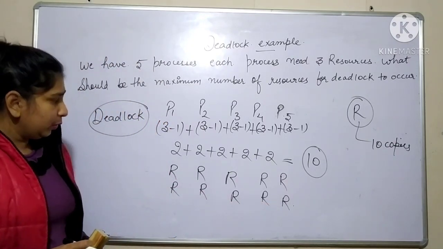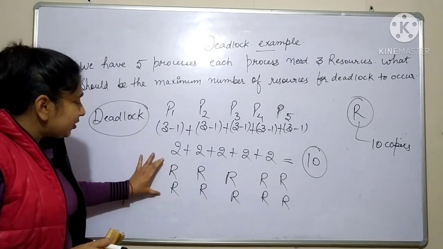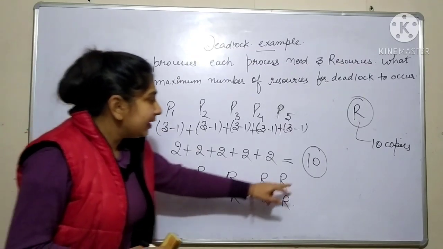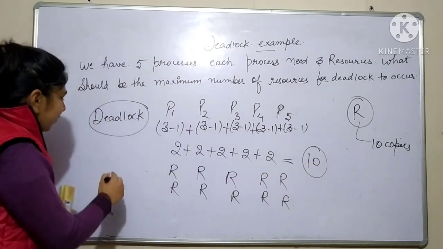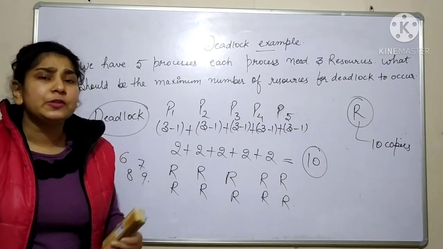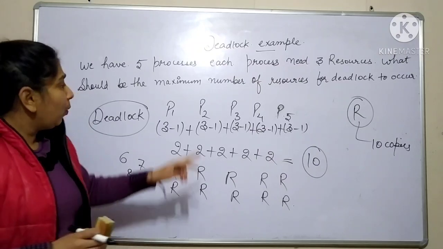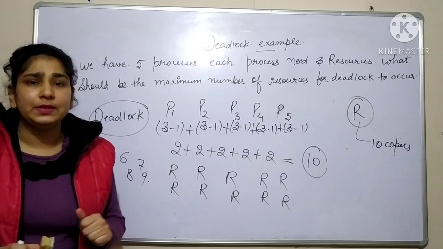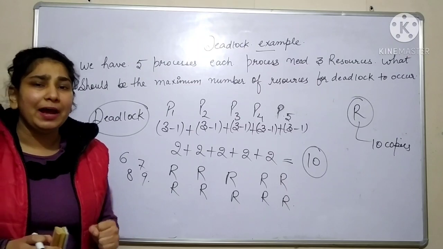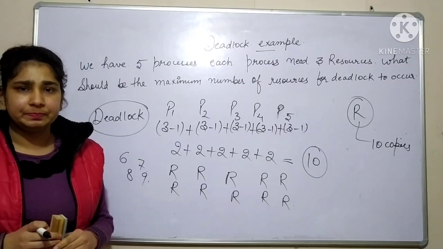Now this is the maximum number of resources which is required for deadlock to occur. If you have less than 10 resources, if you have 6, 8, 7, 9, then there is also a chance of deadlock. But what is my question? My question is, what is the maximum number of resources for deadlock to occur? So 10 is going to be my maximum number of resources for deadlock condition.